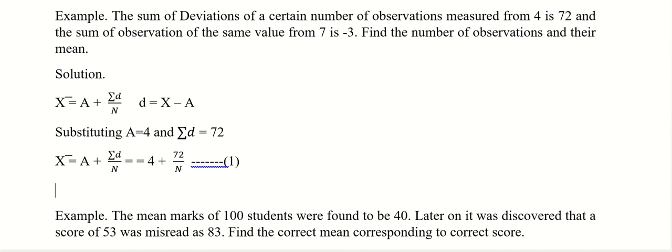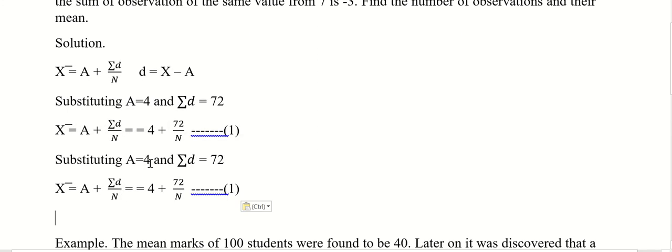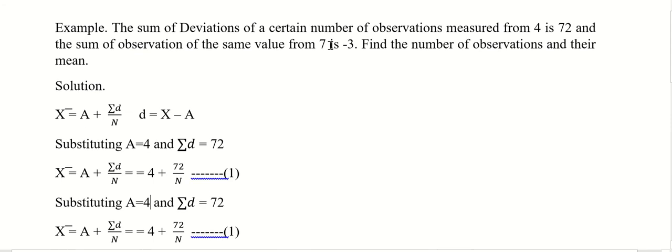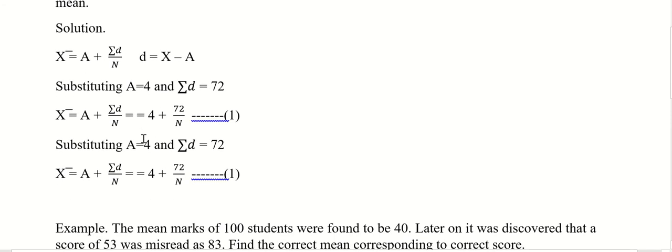Now similarly, we will calculate equation 2. Here, if A is 7, the sum of deviation would be -3. So if the assumed mean is 7, the sum of deviation would be -3.